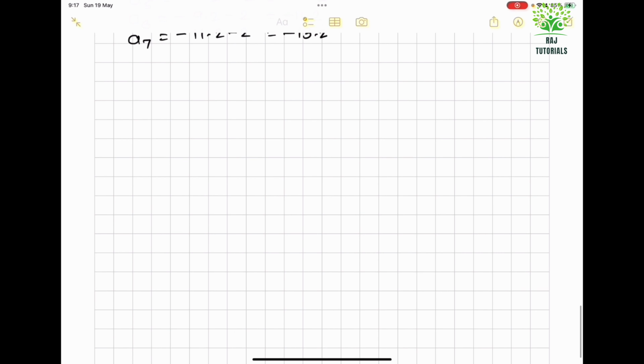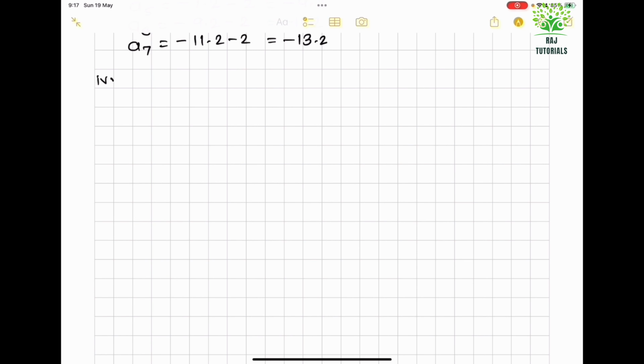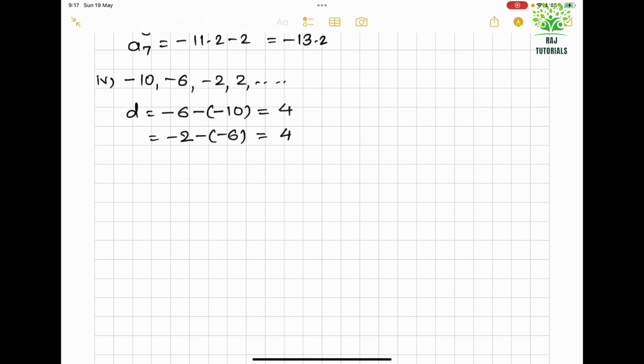Now, fourth one. It says minus 10, minus 6, minus 2, 2 and so on. So D equal to minus 6 minus of minus 10. That will be 4. Here minus 2 minus of minus 6. That also will be 4. And 2 minus of minus 2. That also will be 4.